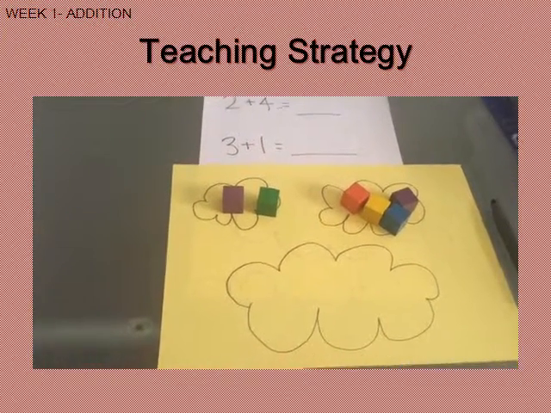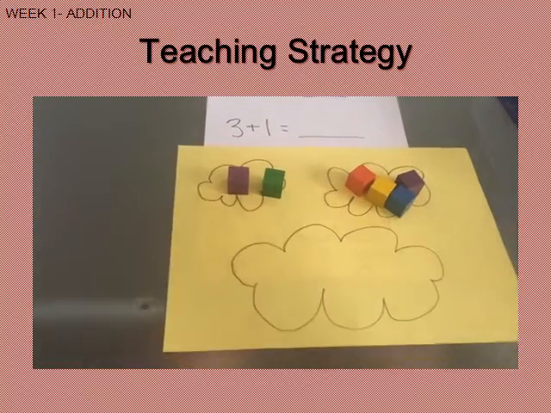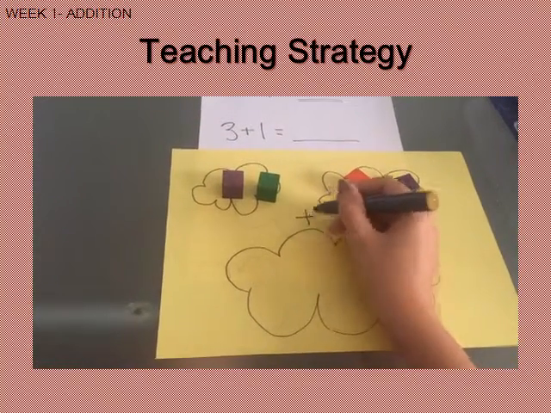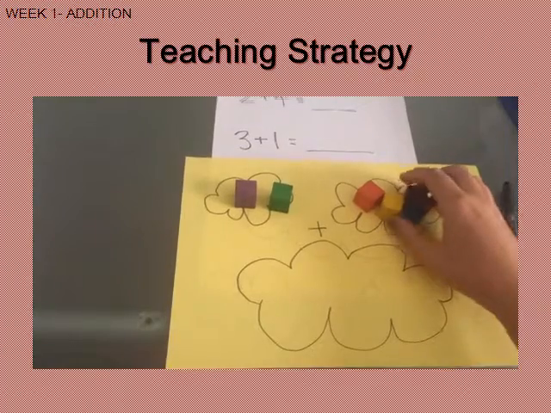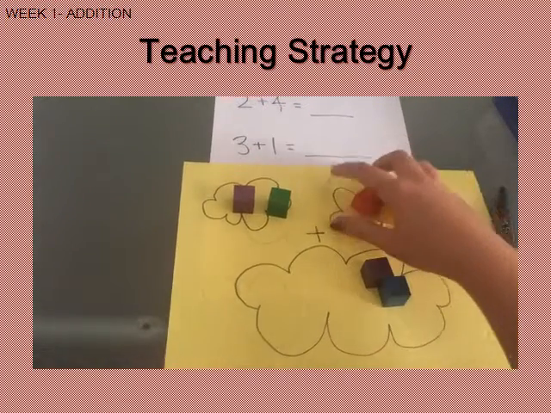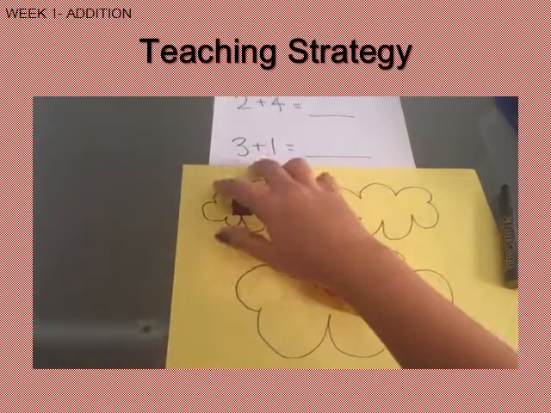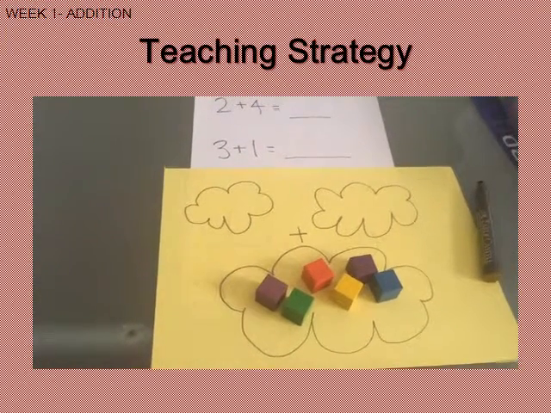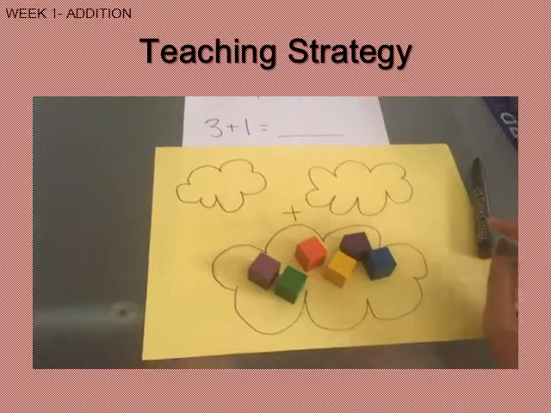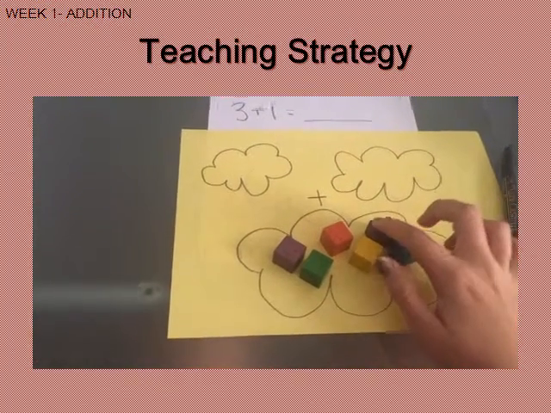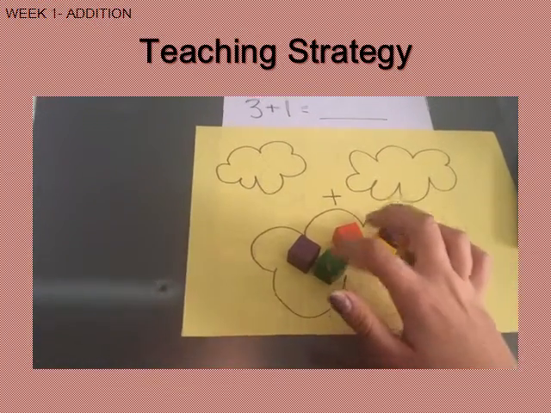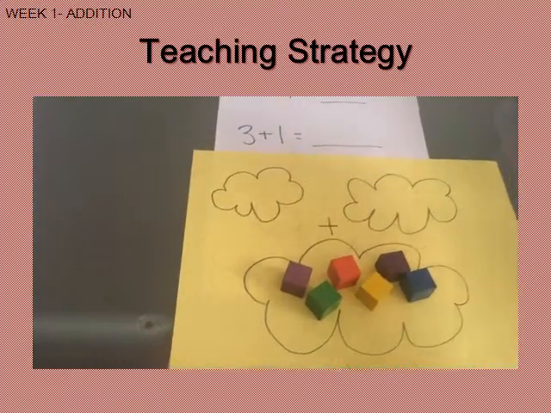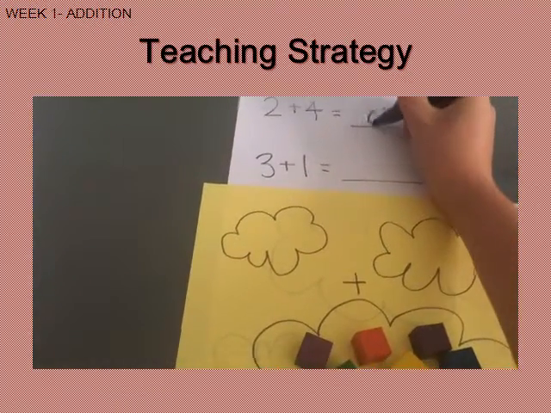And then you'll put them all together because you're plussing, and then you'll put them into the big cloud, and then you'd ask the students to count how many are in the big cloud. So you have 1, 2, 3, 4, 5, 6, and then the students can write their answer here, 6.